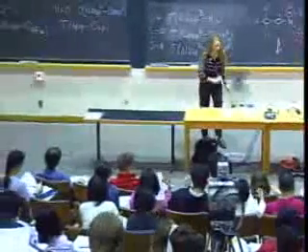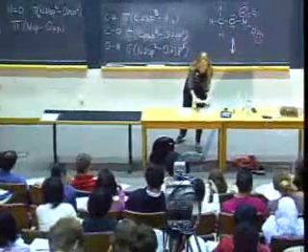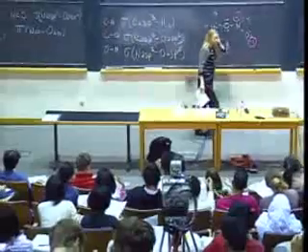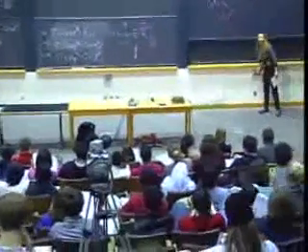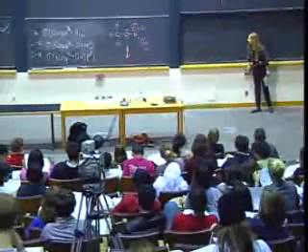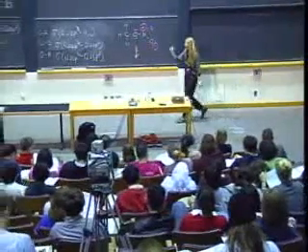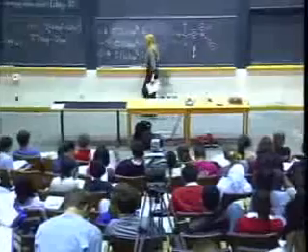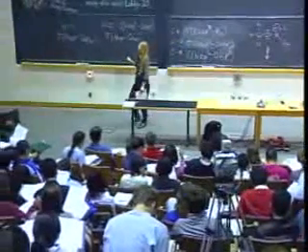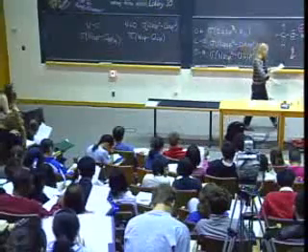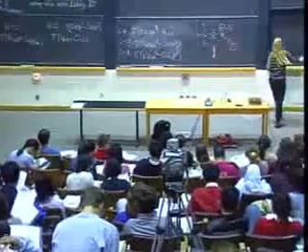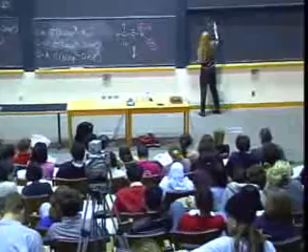Now, I'm a little bit rushing to do something here, and that is I want to describe to you one other kind of bonding, but this is a bonding that is not a bonding within the molecule. It's actually bonding between molecules, and this is called hydrogen bonding.